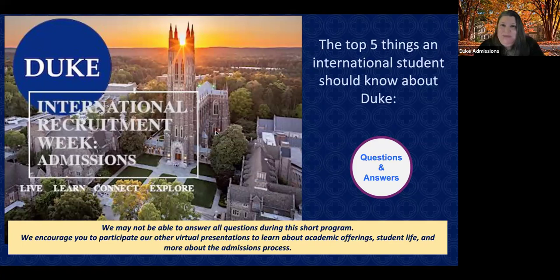So if you do choose to apply again, then we would encourage you to overhaul the application. You're definitely not going to want to just simply submit the application that you submitted in the first place. You'll want to make sure that you have new information to share, that you have done some new things. So certainly when we review an application of a student who's applied before, we will look at their past application and we'll be looking to see how things have changed since they applied last time.